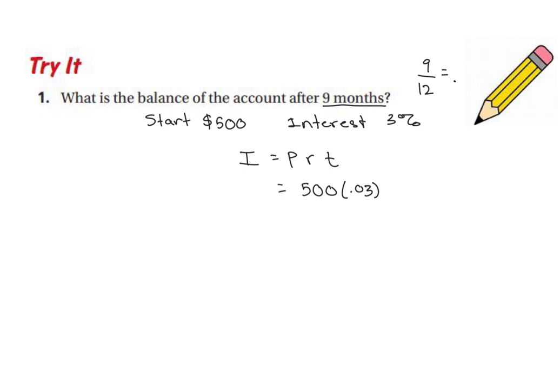And 9 divided by 12 is 0.75, because this is years. So we'll multiply 500 times 0.03 times 0.75, and we get $11.25.